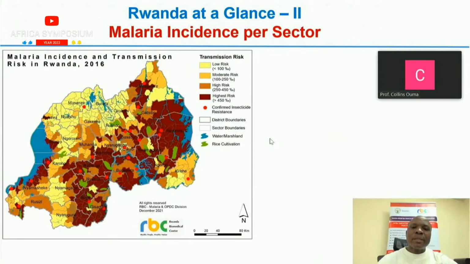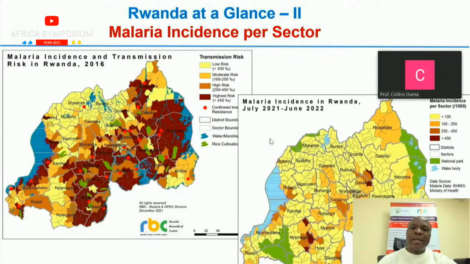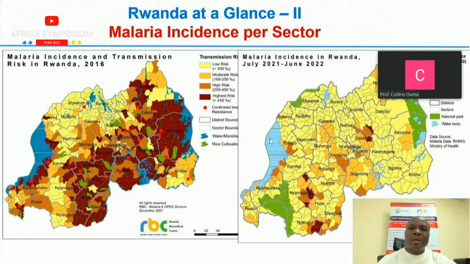When you look at the malaria epidemiology, on the left side you can see that malaria incidence per sector is very high in the eastern part of the country, bordering Tanzania, Burundi, but also near DRC, where we have those dark zones having more than 450 cases per 1,000 as malaria incidence.